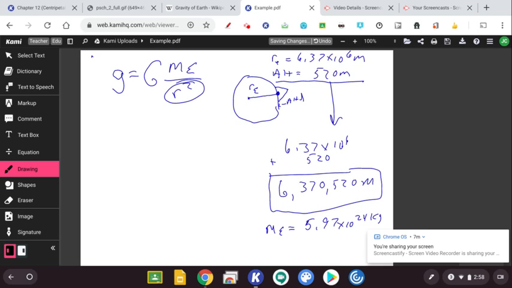Very large. So little g is going to equal 6.67 times 10 to the negative 11th times the mass of the Earth, which again is 5.97 times 10 to the 24th, divided by the radius squared, 6,370,520, and we need to square that value.